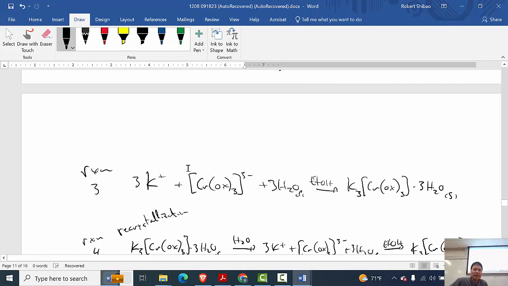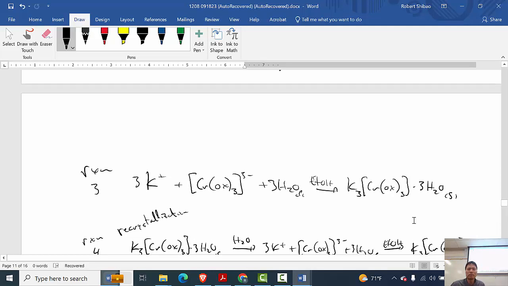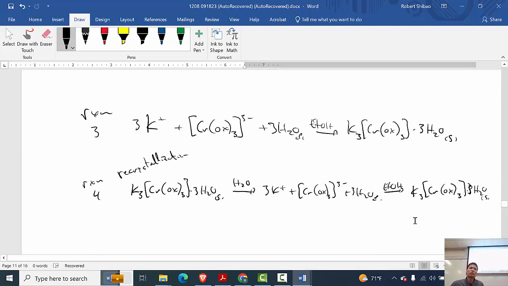Now, our goal isn't to get a high yield. Our goal is to get a high purity. And so we're going to sacrifice some of the yield. But nonetheless, it's always nice to get a good yield, because if we get a good percent yield, then we're not wasting much. But when I do the stoichiometry, I don't want to do it step by step.